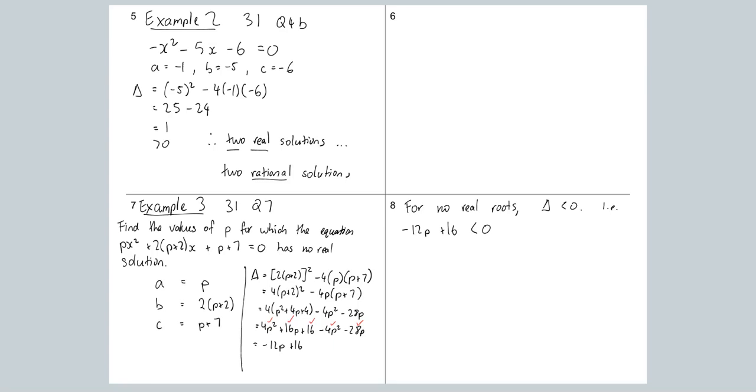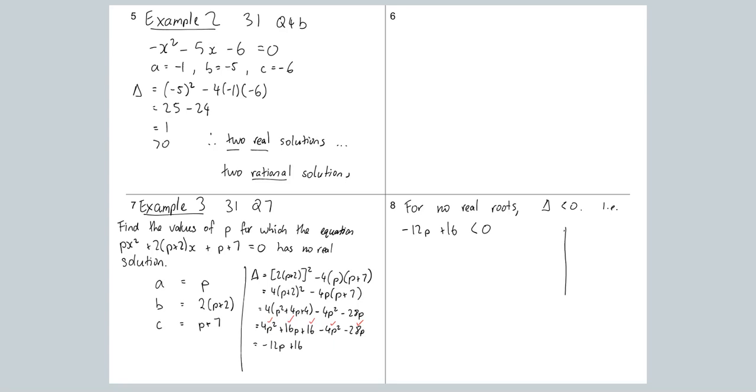Now, when you're working with inequalities, that means less than or greater than, then it's really important that you don't make assumptions about what you can and can't do. So, for example, if it was an equation, I could just subtract 16 from both sides and divide by negative 12 and I'd be done. But when it comes to solving an inequality, I find drawing a graph can be quite helpful.